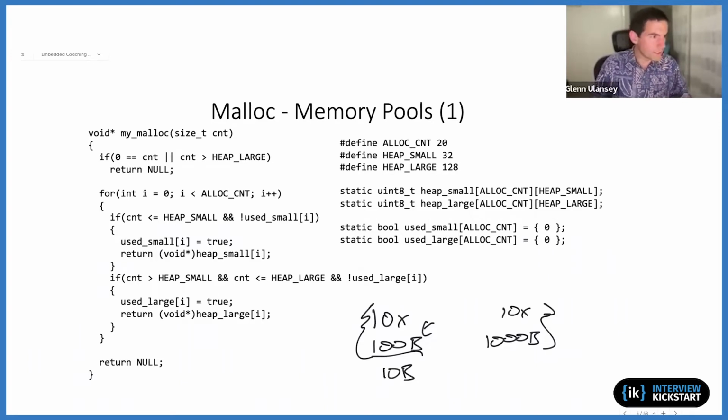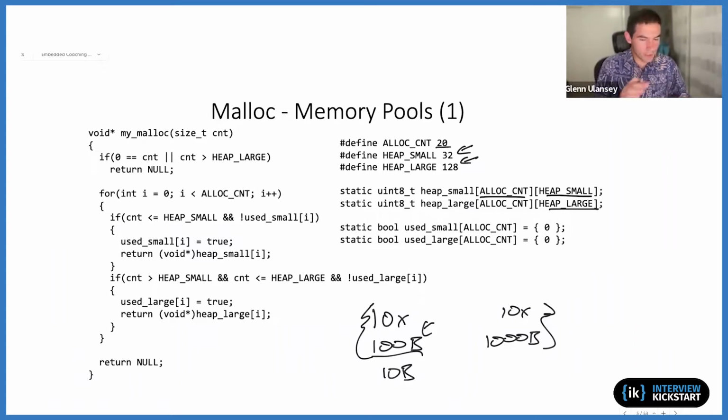So what I've done in this implementation is I've defined two global arrays, if you will, where we have a number of allocations. In this case, I think I defined it as 20. And then I have one pool that has blocks of size 32 bytes and another pool that has blocks of 128 bytes.